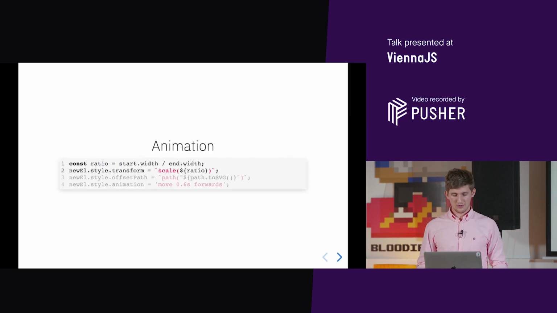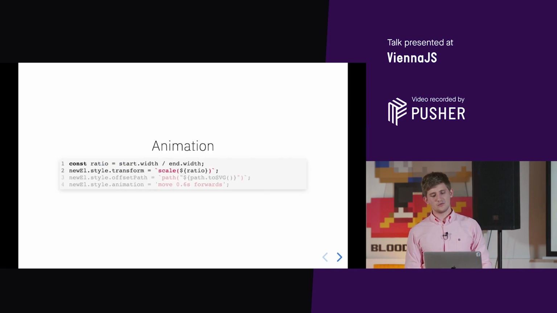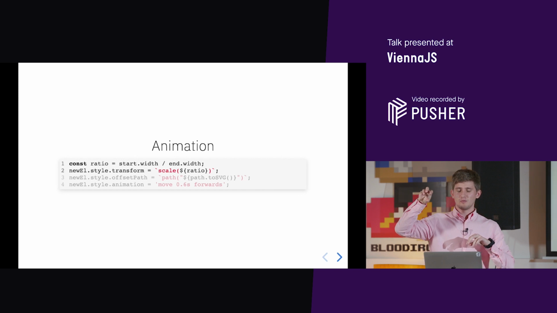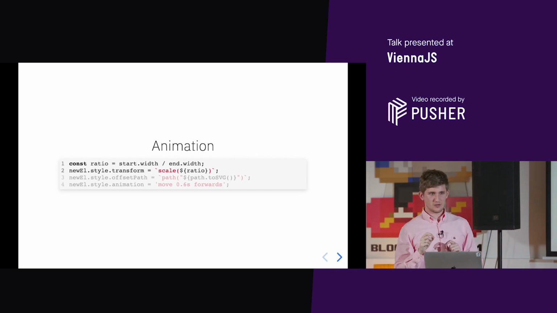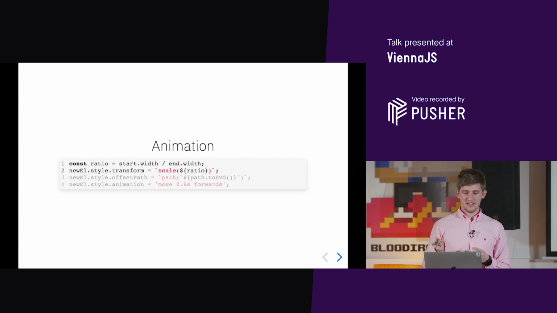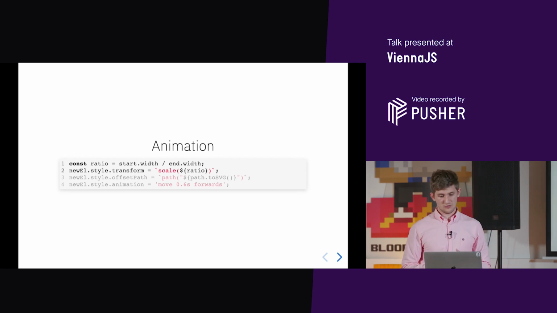All right, now let's actually complete the animation that we wanted to build. First I need to calculate the ratio between the start and end position. You probably noticed that it gets smaller when it falls down. So I need to calculate the ratio between start and end. It's really simple. I divide the width of start by the width of end, and then I apply a scale transform with the ratio.